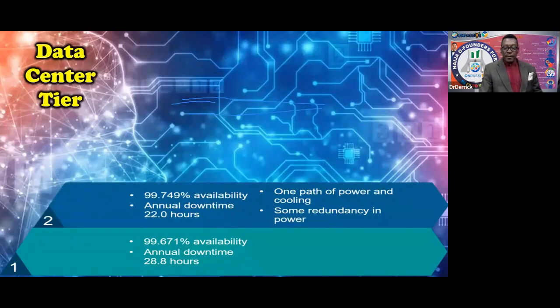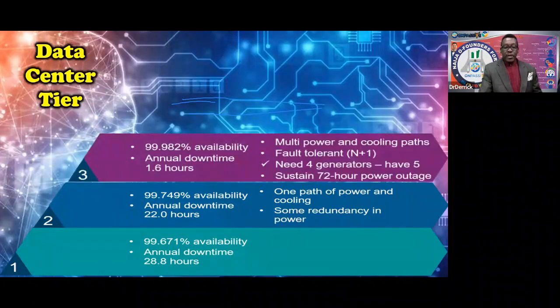The tier 2 data centers include system, power and cooling redundancy, and guarantee at least 99.749% uptime. The tier 3 data centers provide partial fault tolerance, and guarantee 72 hours of outage protection.